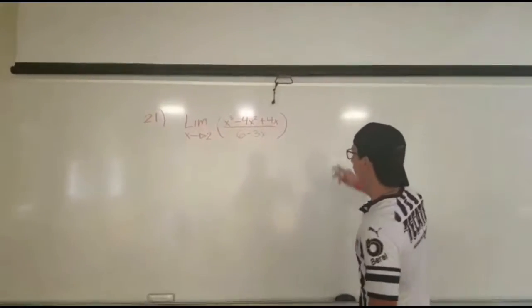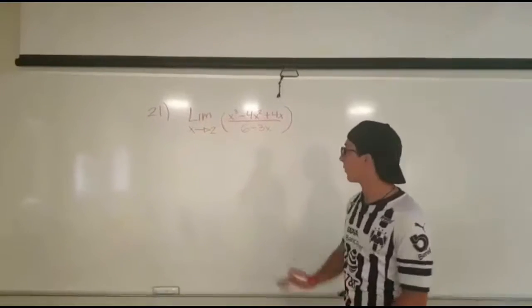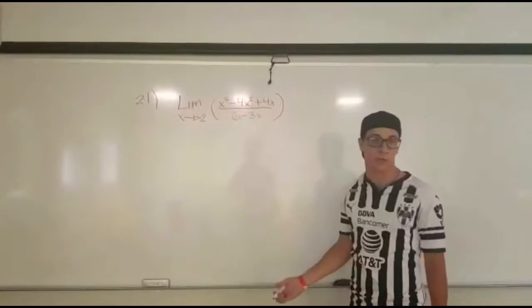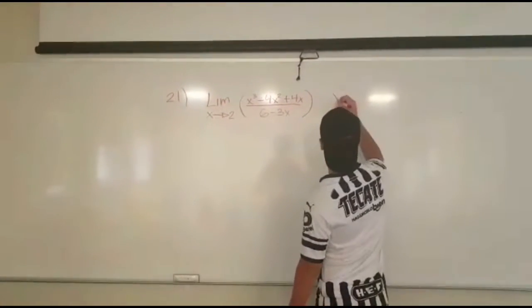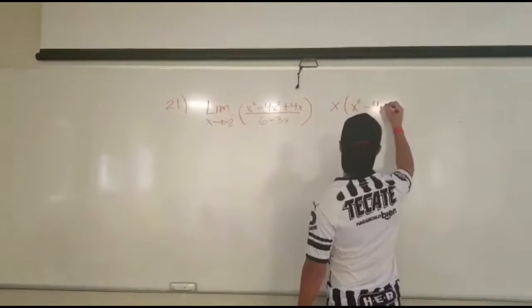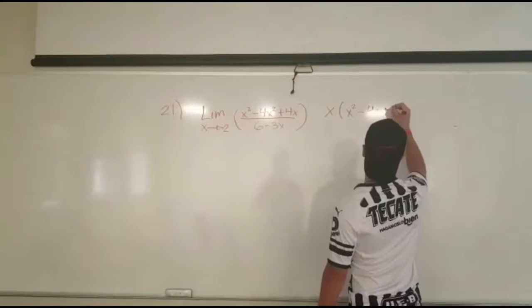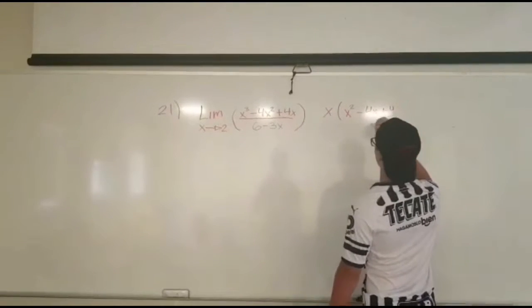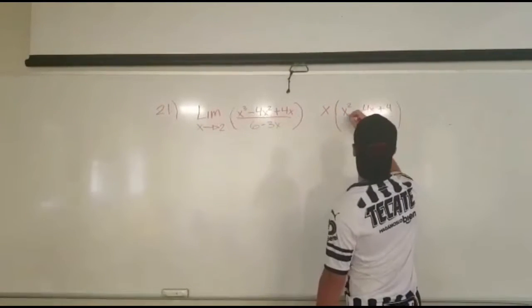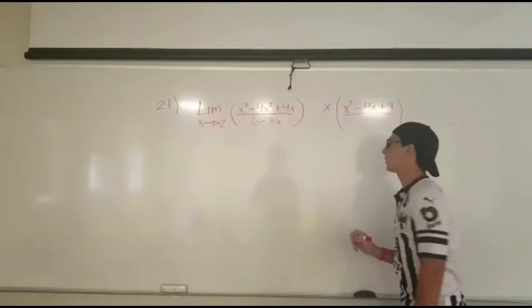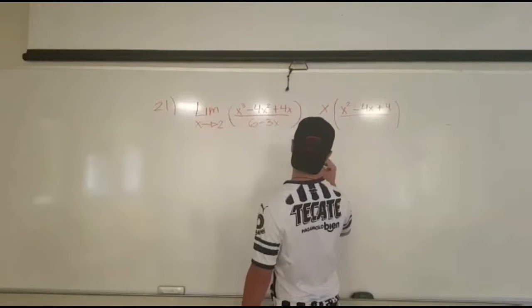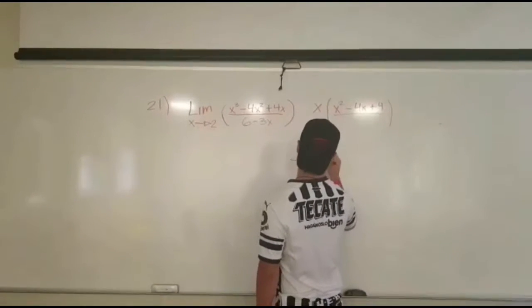So, to begin, on the top we have 3 terms, and all of them have an x. So the first thing you want to do is take out the x. You take out the x, and you end up with x squared minus 4x, and at the end you won't have an x because you're taking out an x from every single term. Then on the bottom, you have 6 and negative 3x, which can be written as negative 3x plus 6.